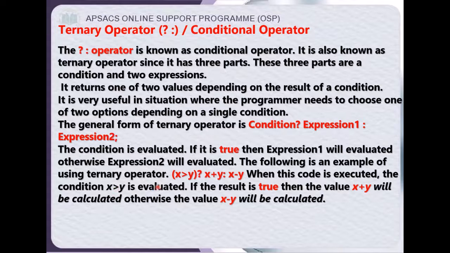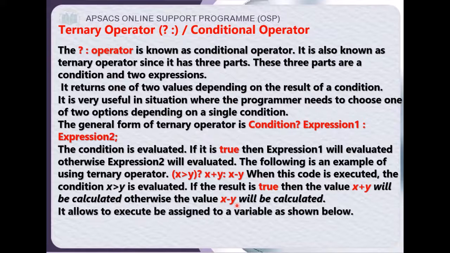If the result is true, then the value x plus y will be calculated, otherwise the value x minus y will be calculated. It can also be assigned to a variable as shown below: a equal to x greater than y question mark x plus y colon x minus y semicolon.